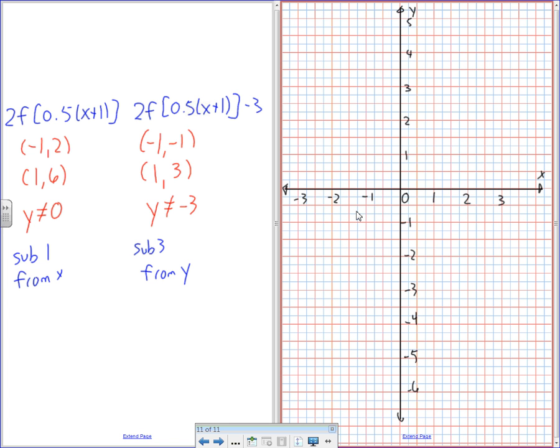Okay, so we're going to begin by graphing this. What I'm going to do first is I'm just going to plot the 2 points that I know. Okay, so the 2 points that I know in my graph are going to be negative 1 and negative 1, and then 1 and 3. Okay, those are going to be the points. And I'll give you a second to scribble here because this is a horribly important thing that I'm about to tell you.